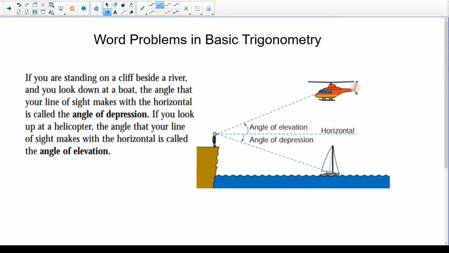Now I'm going to add 2 dotted lines here. Is the angle of depression between the green line and the blue dotted line, or between the pink line and the blue dotted line? I'd like to see your answers, either green or pink, please.